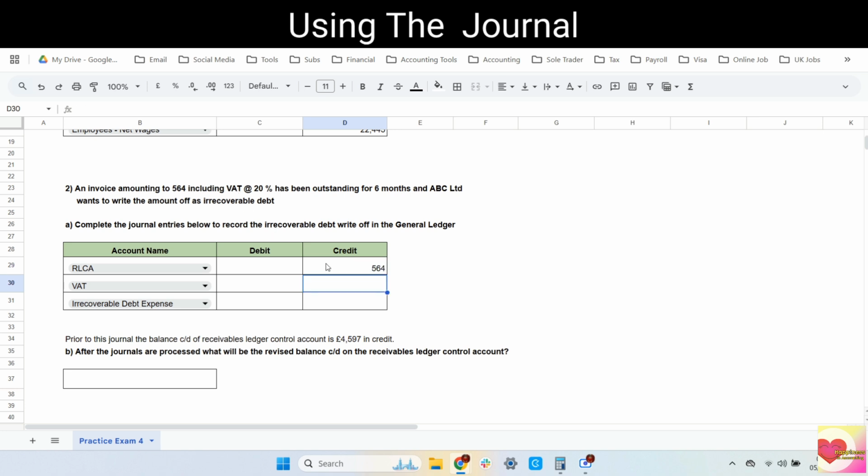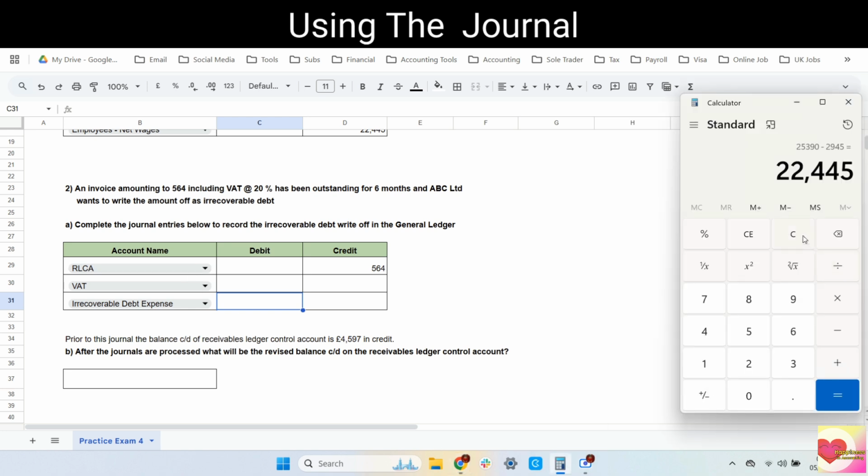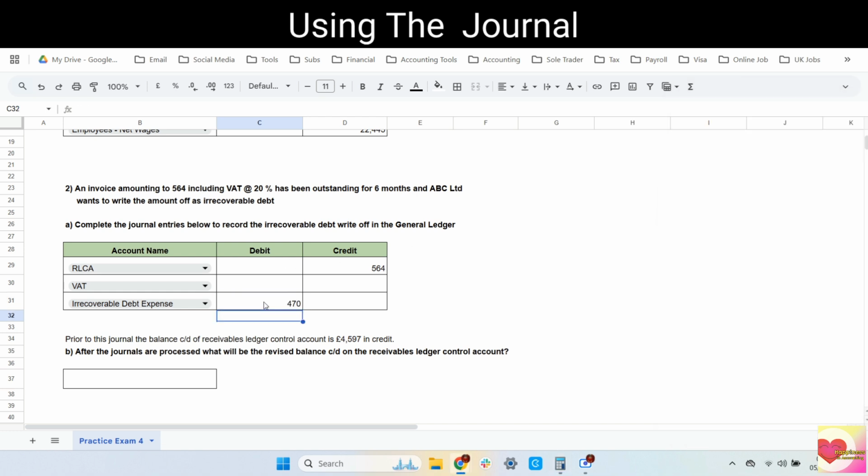Next, let's analyze the irrecoverable debt expense first. The irrecoverable debt expense is an expense account, so this should be recorded in debit, and the amount should be the net amount. So from the gross amount, 564, let's divide it by 120% or 1.2, and we got 470.